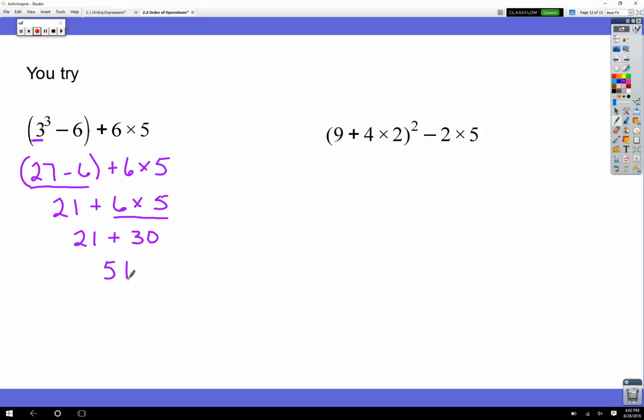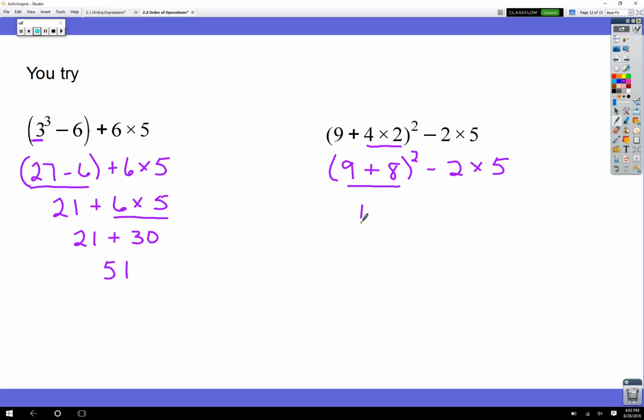In the second example, the exponent is outside of the parentheses, so I'm going to do what's inside parentheses first, and I have to follow order of operations here as well. I have addition and multiplication. I'm going to need to do the multiplication first. So I have 9 plus 8, the quantity squared, minus 2 times 5. Now I'm going to do what's in the parentheses.